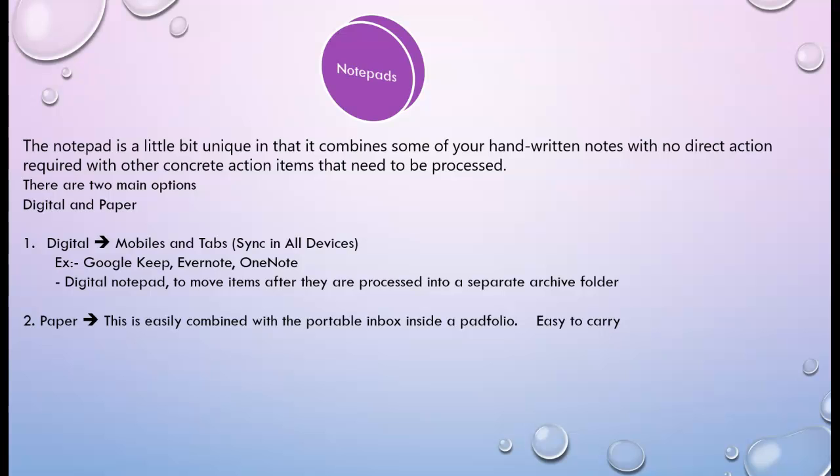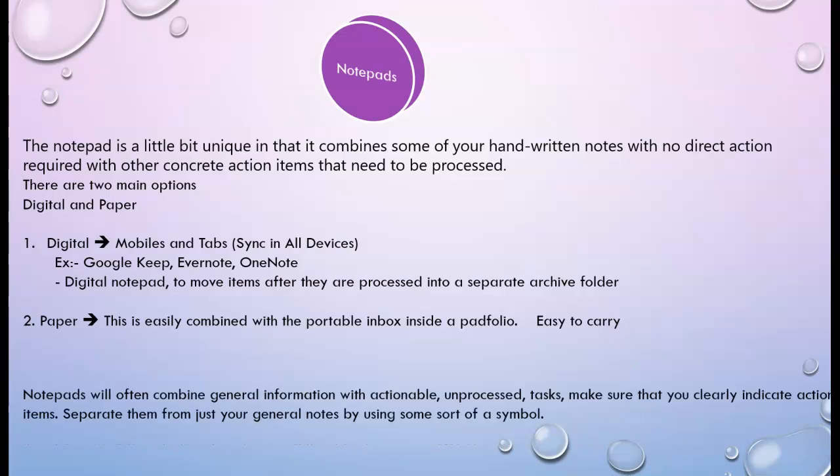And coming back to the actual paper-based notes which you normally see outside, these are easily combined with a portable inbox inside a padfolio. For example, as we have seen in the previous lecture, similar to the padfolio, you can put it inside that. It's portable, easy to carry another way.